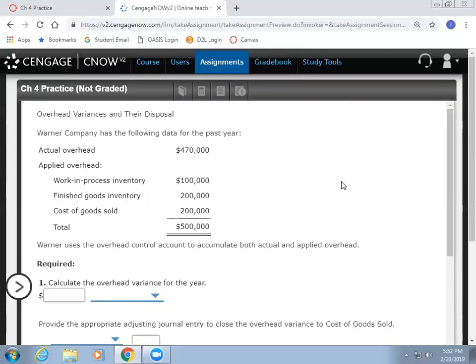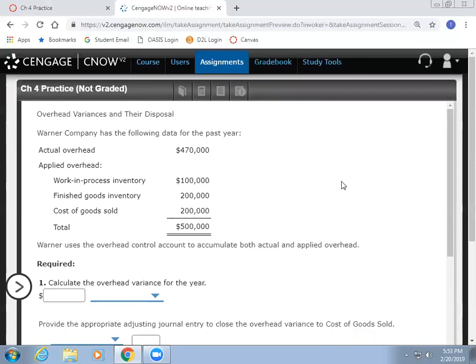It's the same idea, just a control account. So applied overhead, in this case, they're applying it to different processes. It's all going into inventory accounts. Applied overhead got debited into work in process, finished goods, cost of goods sold. So that applied overhead of 500,000 gets credited to overhead control.